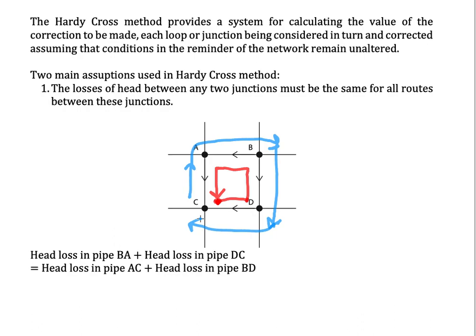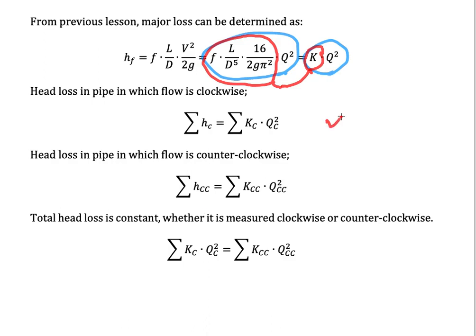It doesn't matter what rotation you take, whether counterclockwise or clockwise, the total losses for this pipe must be equal, because losses do not depend on the direction. So we use this idea to calculate here.